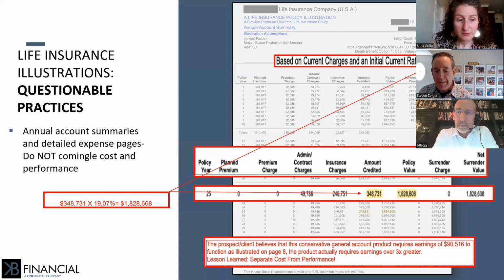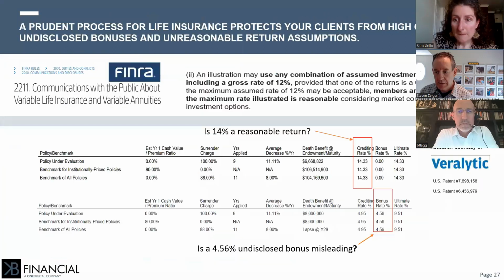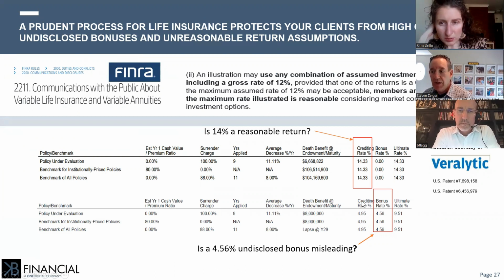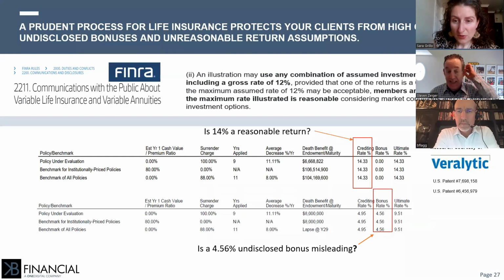Right. Okay. So I'm going to switch slides for a second. Now we have one of the reports from Veralytic, right? In this particular example, not the one we just showed, the insurance company was crediting 4.95% in the illustration, but the Veralytic mathematicians were able to determine that there was an additional 4.56% bonus rate that wasn't in the illustration, which means the total return is 9.51%.